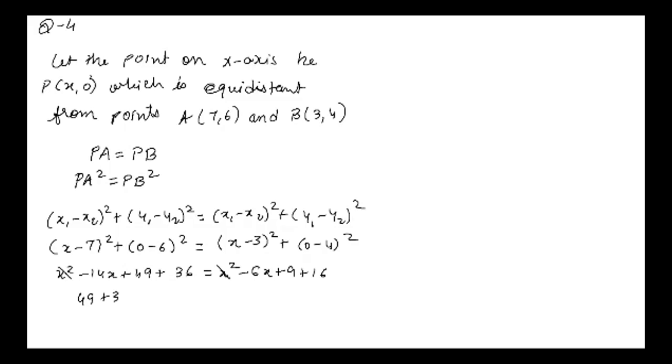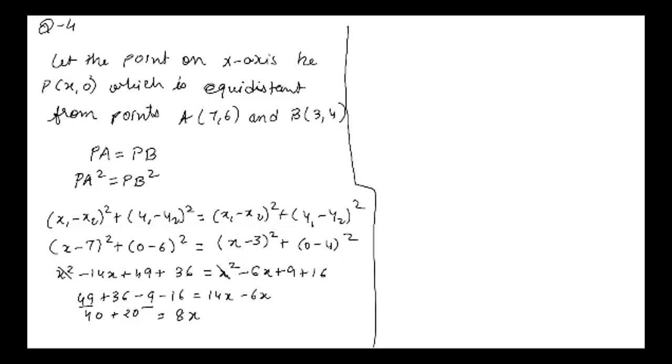So 49 plus 36 minus 9 minus 16 is equal to 14x minus 6x. 49 minus 9 will give me 40, whereas 36 minus 16 will give me 20, so this will be 60, and the right side is 8x. So I will get 60 is equal to 8x.